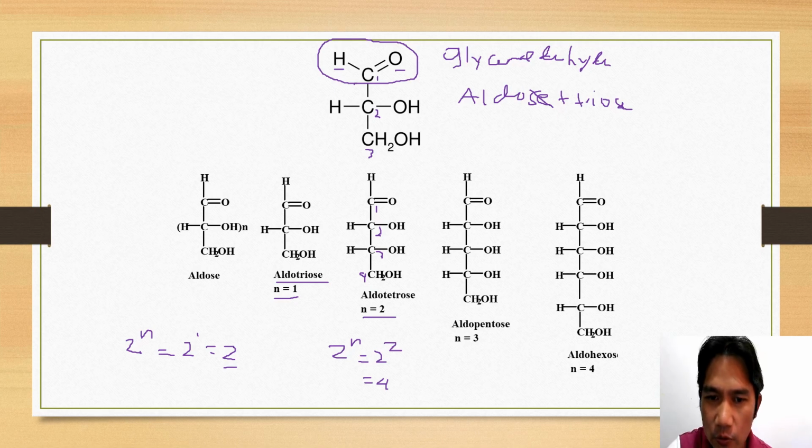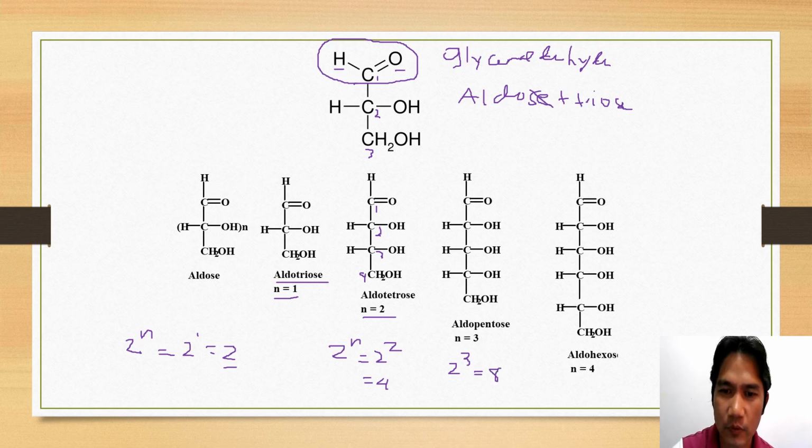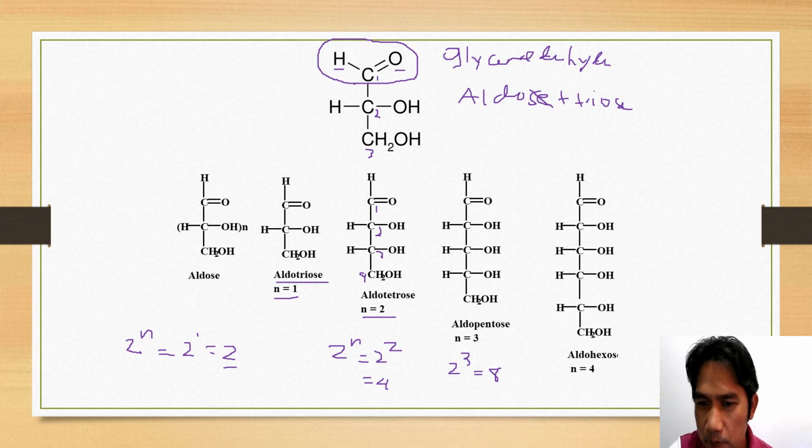Likewise, an aldopentose has how many chiral centers? 3. So if we put that in the formula, 2 raised to 3, then we have 8. And the aldohexose has 4 chiral centers.